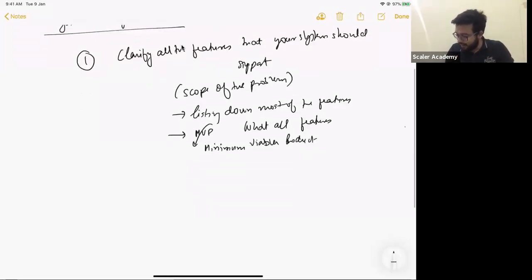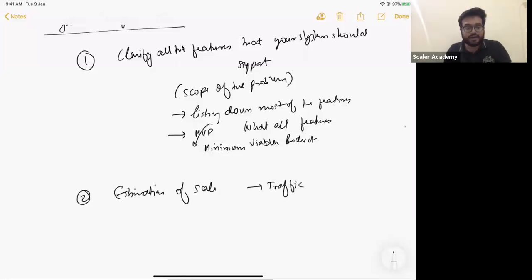The second part that after doing this you must do is estimation of scale. So figuring out at what scale is your problem. You will figure out what kind of traffic you are going to see. Is it read traffic or is it going to be write traffic? Then you will be figuring out what kind of QPS you want. You will be figuring out what kind of storage you would have to support.